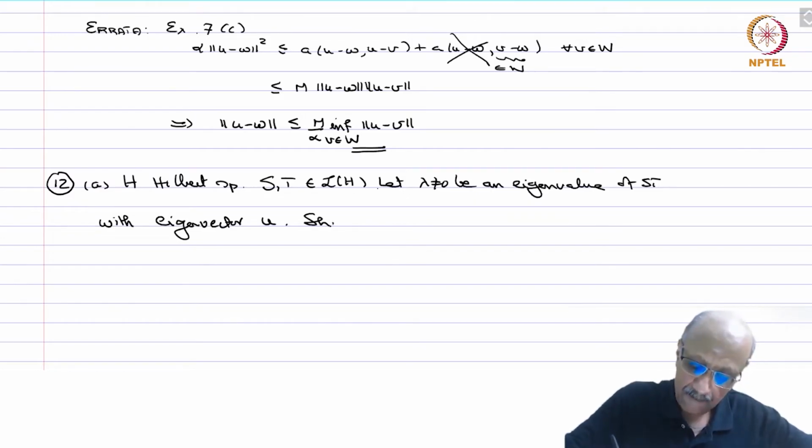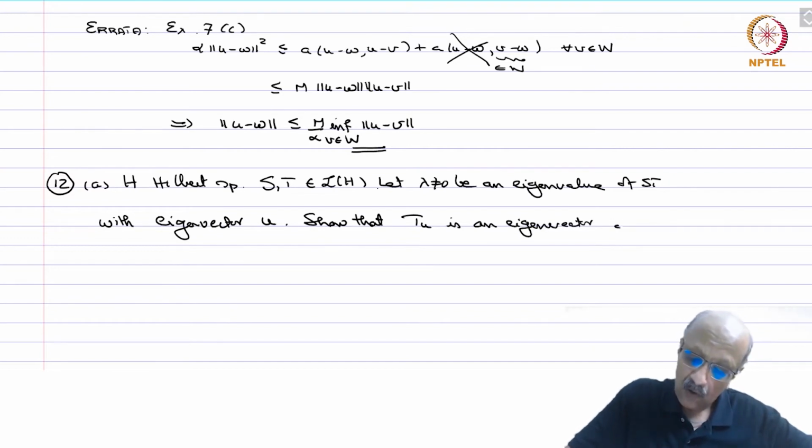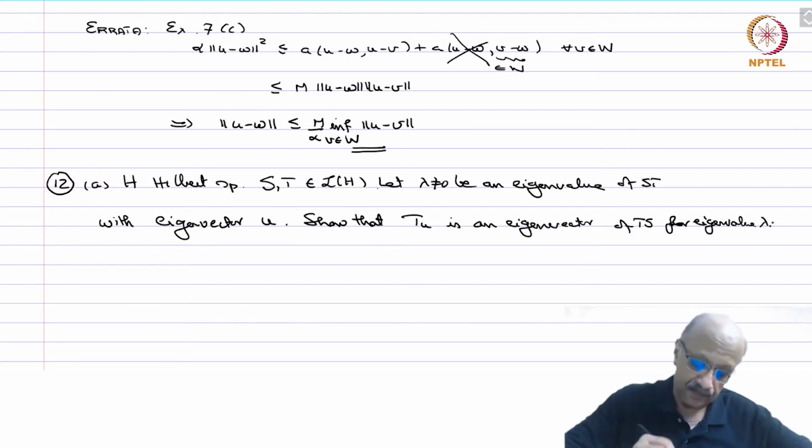Show that Tu is an eigenvector of TS for eigenvalue lambda. Okay, so the solution, this is very easy.